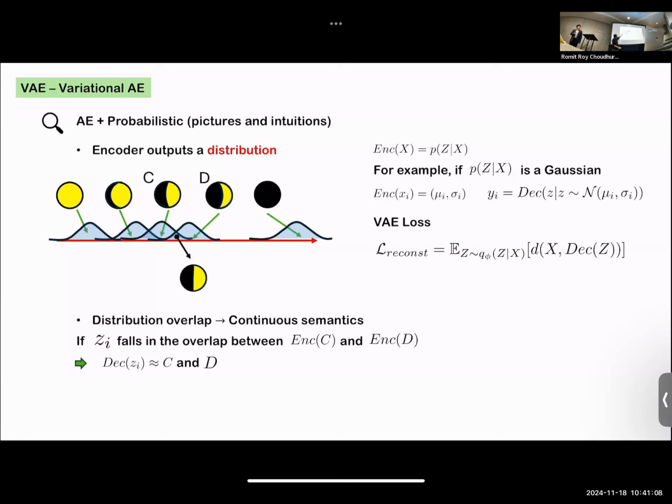So now if you map this image to here, and then you sample from these points, if the decoder and the encoder learn that the point over here increases this black part a little bit, the point far away increases the black part a little bit more, that reduces the reconstruction loss.